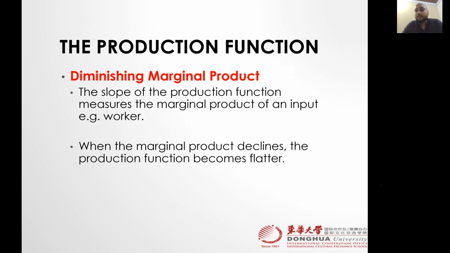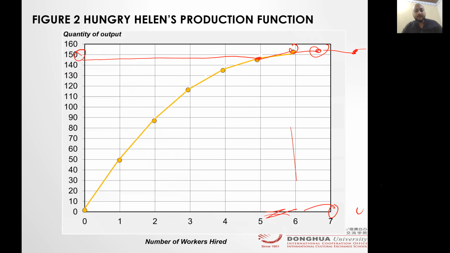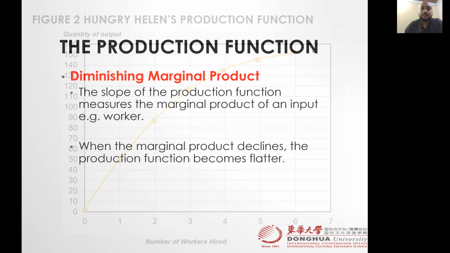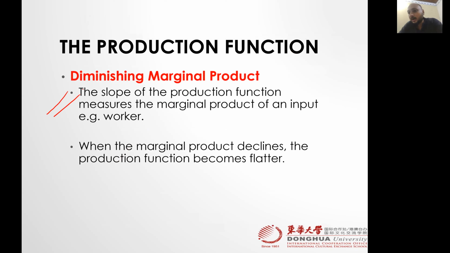So diminishing marginal product. Why is it bending? If you know some basic mathematics, this is because of the slope. The slope of this curve is called the marginal product of labor. So when the marginal product declines, the production function becomes flatter here.